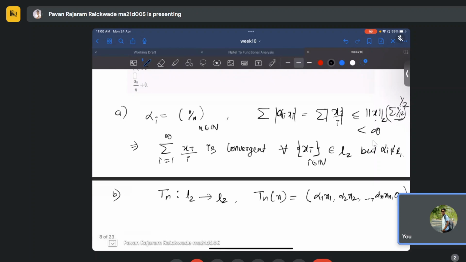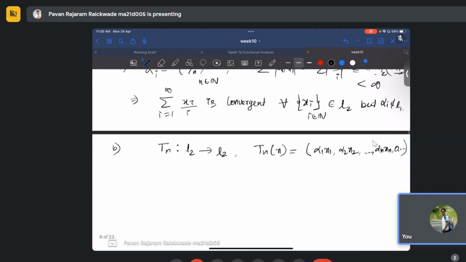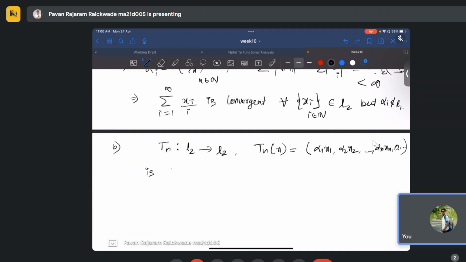Like the same sequence, I mean the summation of alpha i xi, but for finite terms. Yeah, I mean not summation, just alpha i xi, but for finite values n. So this Tn is an operator, this is a continuous operator.